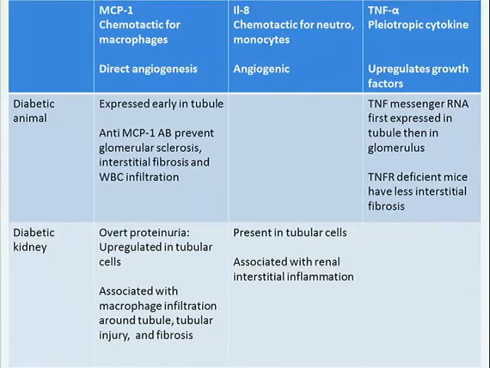So I think we have somewhat of a case that eotaxin, in covariation with those other factors, may have an effect on interstitial fibrosis, tubular injury, and renal failure.